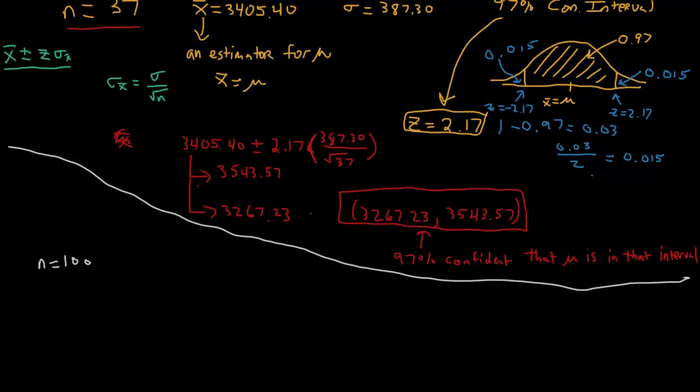So the confidence interval for this would be x bar, which again is the exact same, 3,405.40 plus or minus z, which is 2.17, times sigma, which is 387.3, but this time n is 100, so divided by the square root of 100.